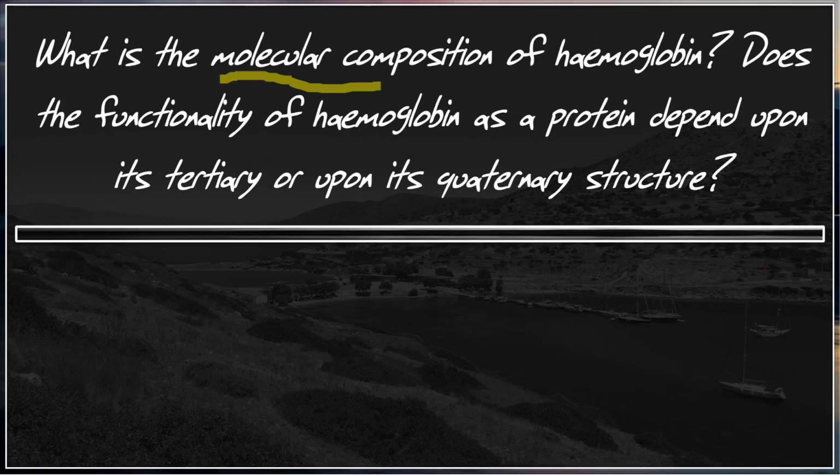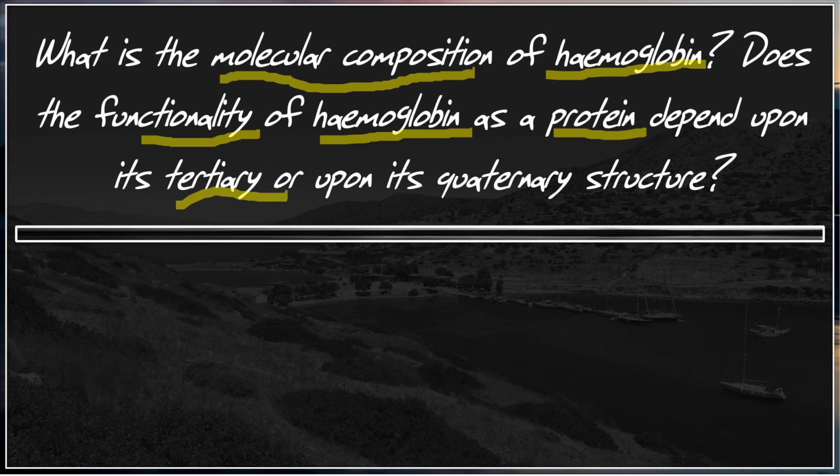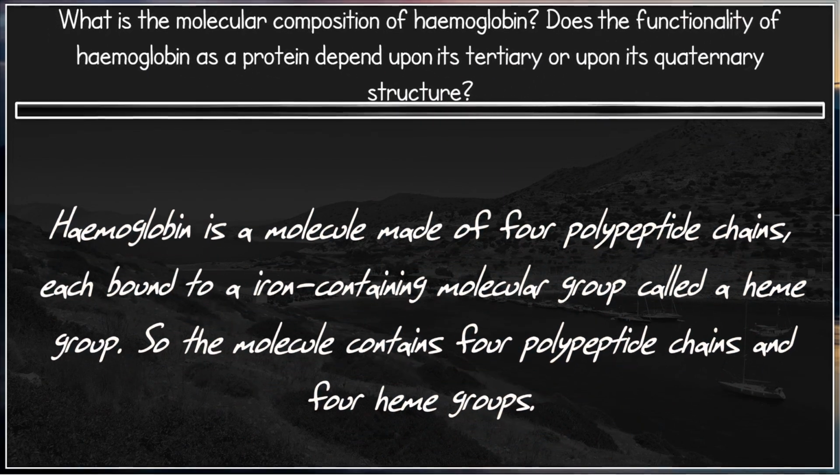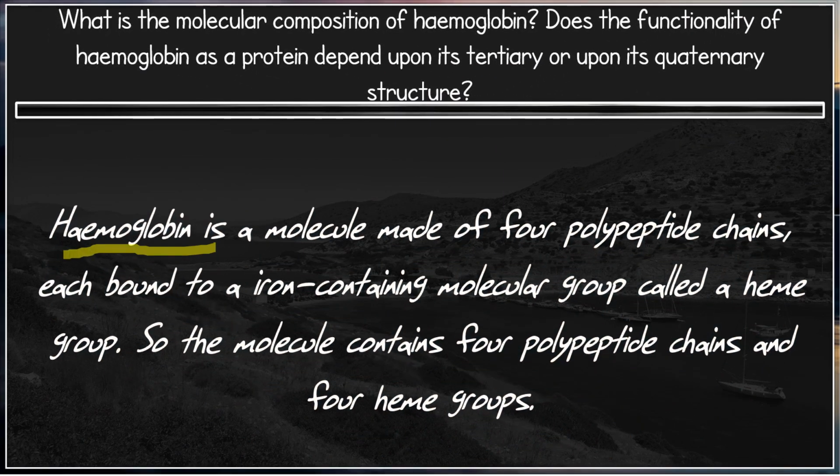What is the molecular composition of hemoglobin? Does the functionality of hemoglobin as a protein depend on its tertiary or upon its quaternary structure? Hemoglobin is a molecule made up of 4 polypeptide chains, each bound to an iron-containing molecule called heme.